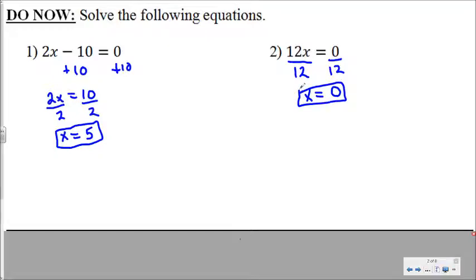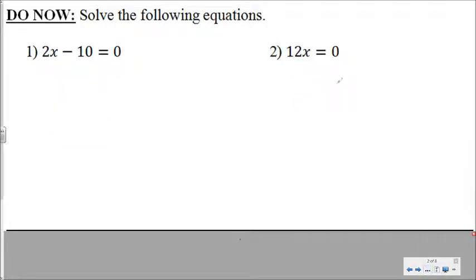That's 100% valid. But I'm going to point out another way that you could have thought of these 2 equations, particularly number 2 at first. So I'm going to erase the work I've done here. Notice that 12x is equal to 0, which means that the 2 factors of this number 0 are 12 and x.